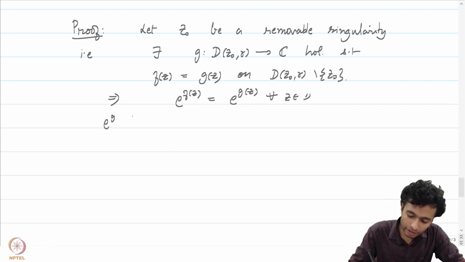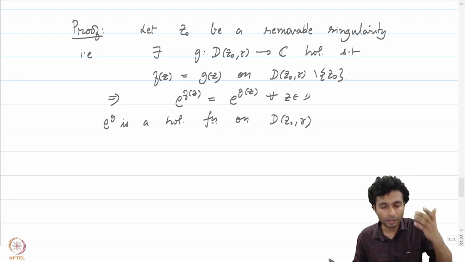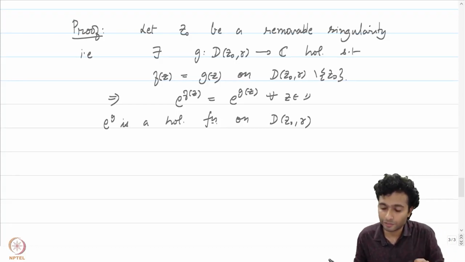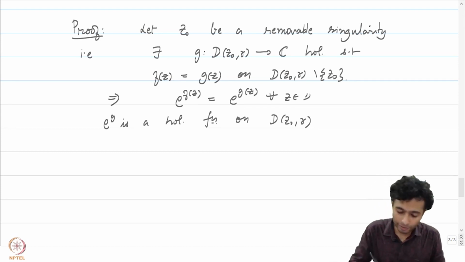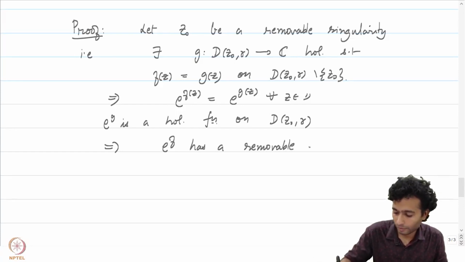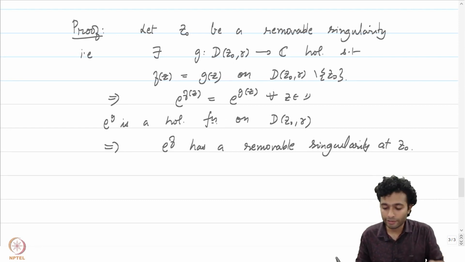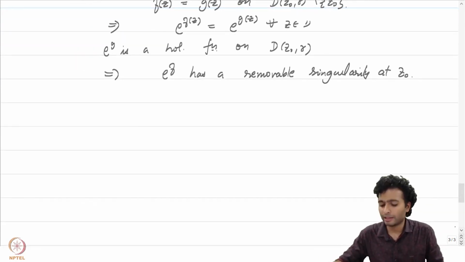But then e to the power g of z is a holomorphic function on D(z0, r), because the exponential is an entire function and g is a function which is defined on D(z0, r), which means that e to the power f has a removable singularity at z0. So if z0 is a removable singularity of f, then z0 is necessarily a removable singularity of e to the power f as well.